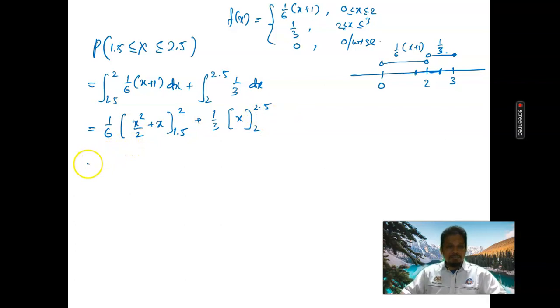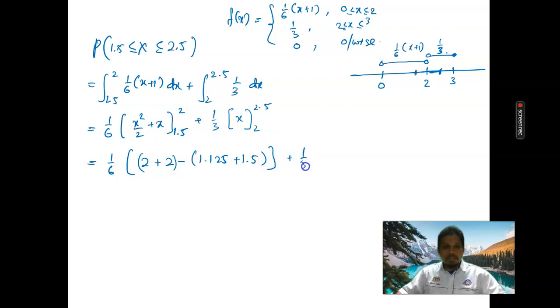Now it is 1 over 6, substitute x with 2: 2 squared equals 4, divided by 2 equals 2, plus x equal to 2, minus 1.5 squared, which is 1.125, divided by 2, plus x equal to 1.5.